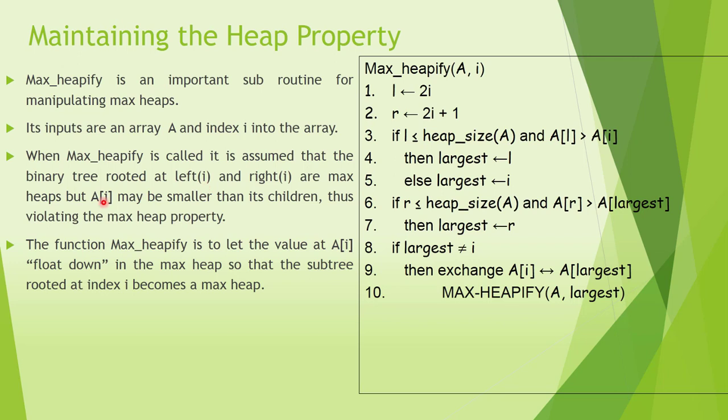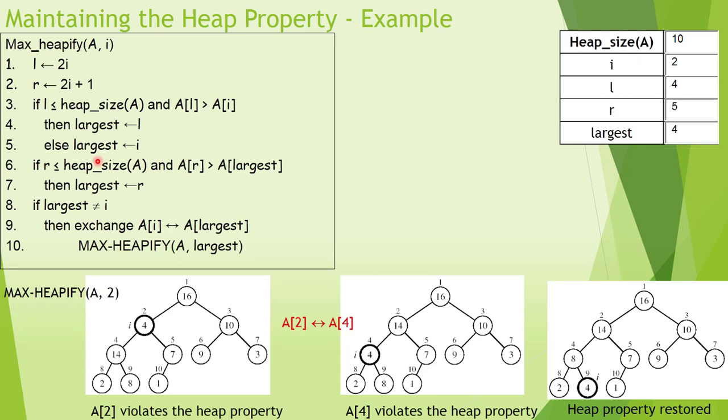But if A of I violates the max heap property, this max heapify will modify the tree in such a way that the entire subtree becomes a max heap. So it will be more clear when we see the example. I will come back to the algorithm later.